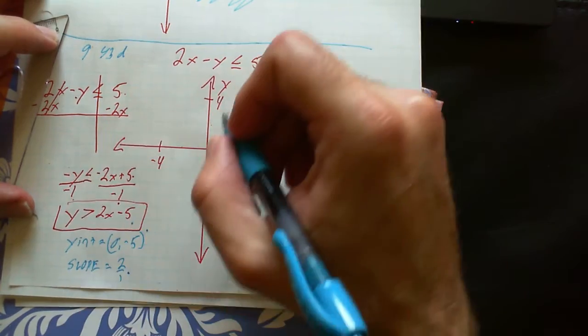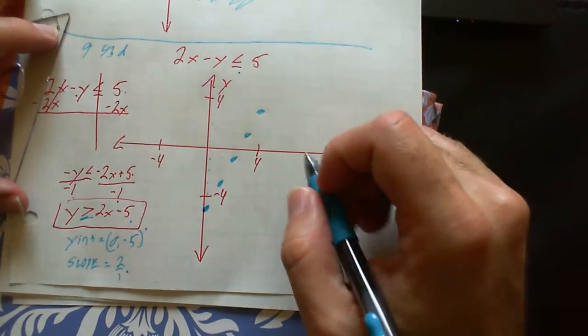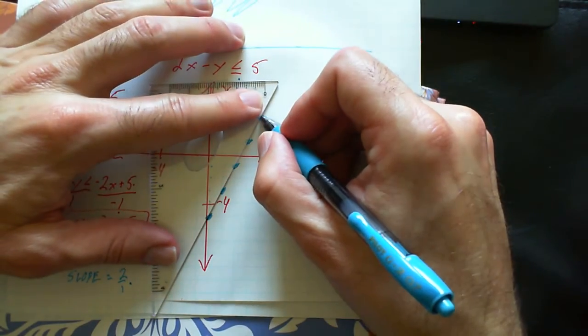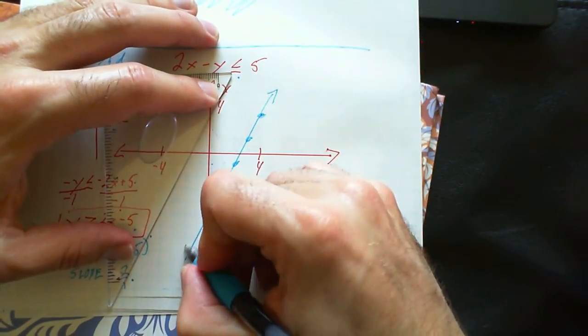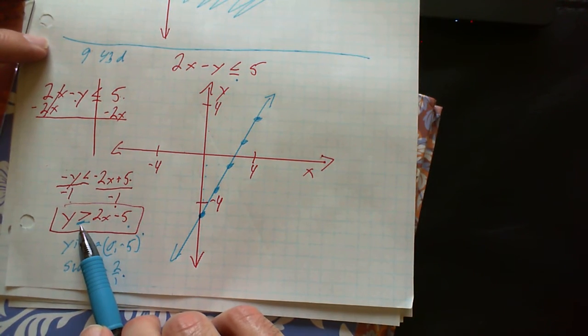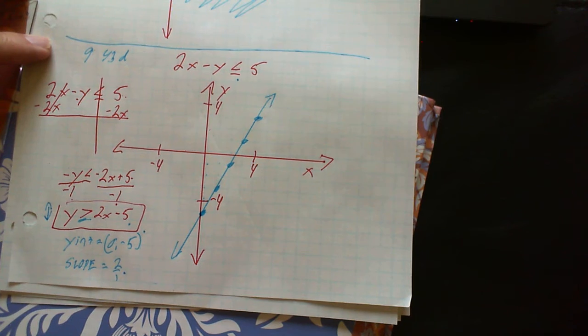Oops, what did I forget here? It's equal to, so is my line going to be solid or dashed? You're right. It is solid, like that. Because I flipped the sign, remember the y goes up and down.